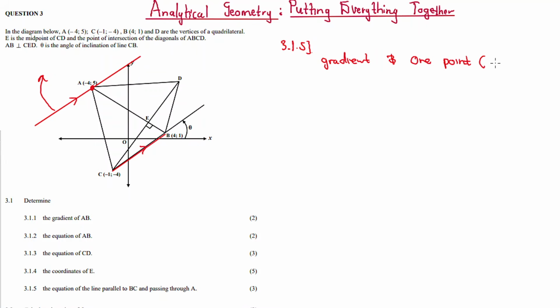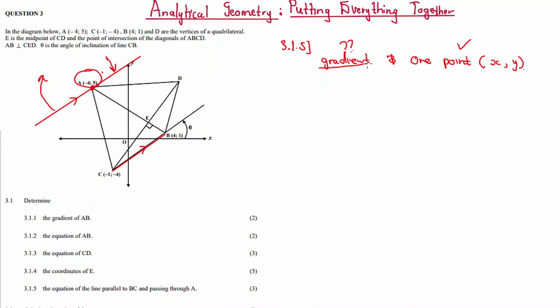By 1 point I mean a point with an x value and a y value. So I do have a point for this line. However, I do not have the gradient. So I have a bit of a problem here, right? Because in order to calculate the gradient, I need 2 points. I only have one, which is the point A.